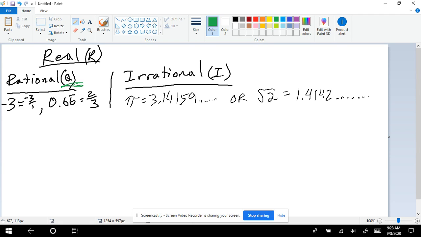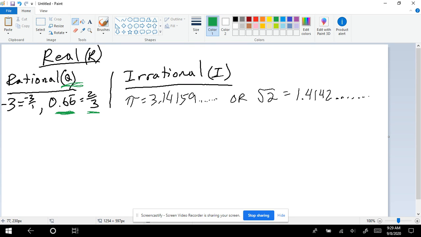And so that includes a lot of numbers, even ones with repeating decimals. So if it can be written as a fraction, like 2/3, then it is a rational number. And that includes negatives. It includes all numbers that can be represented with a fraction.